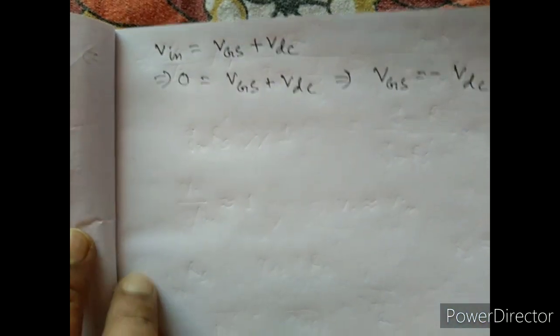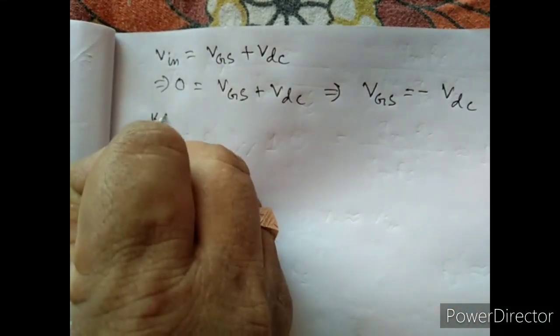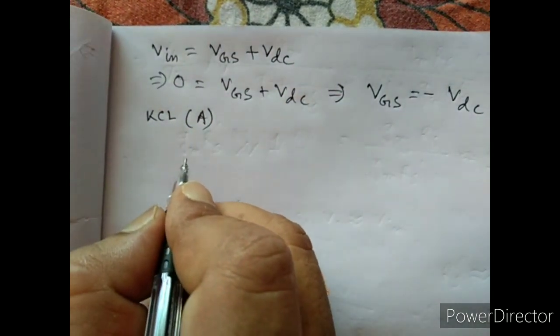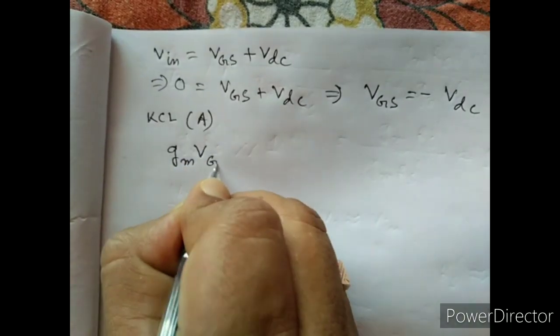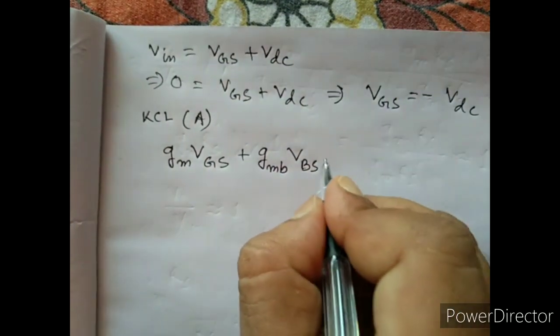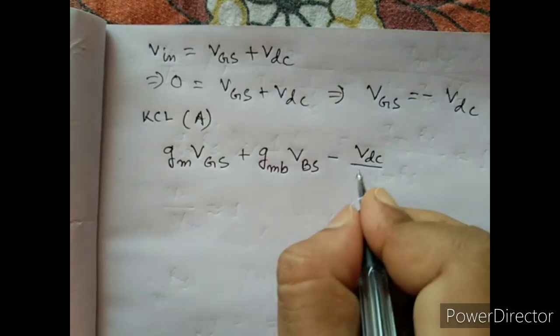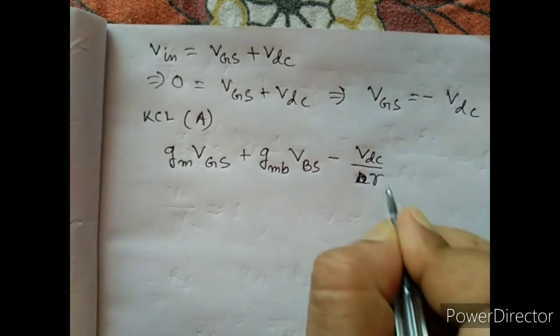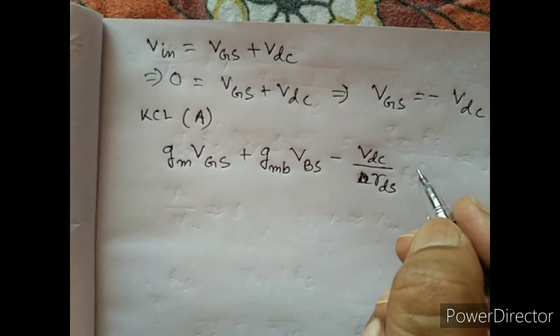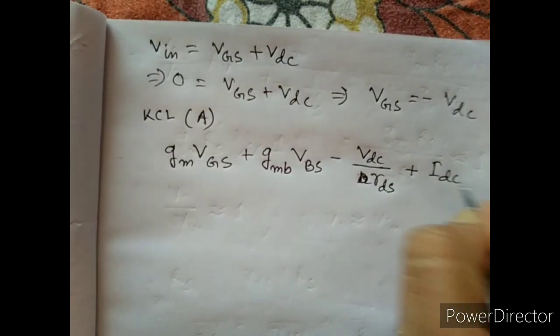Okay, now if we apply KCL at this terminal A, then we can write gm VGS plus gmb VBS minus VDC by rds plus IDC equals 0.